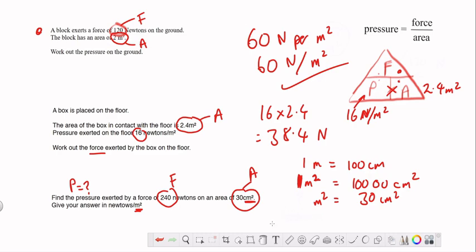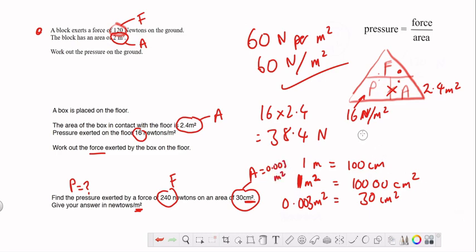So 30 divided by 10,000. My calculator is showing it in standard form, but anyway, that's 0.003 meters squared. Area is 0.003 meters squared.